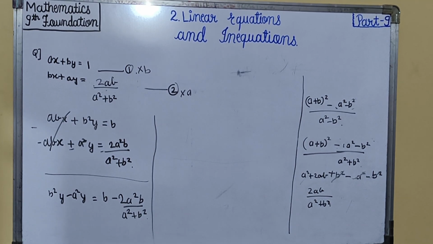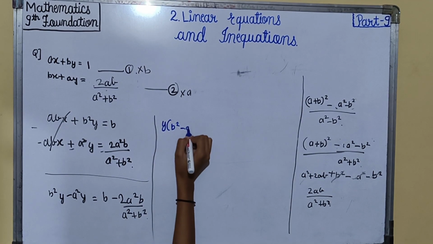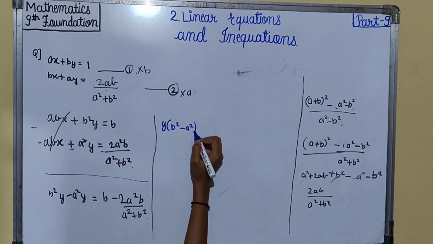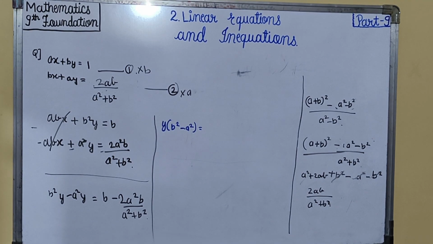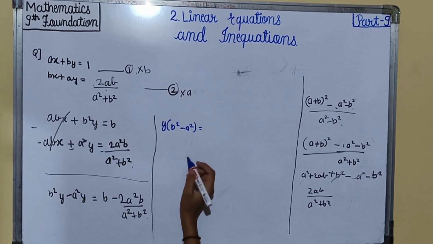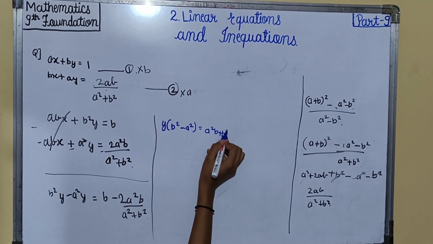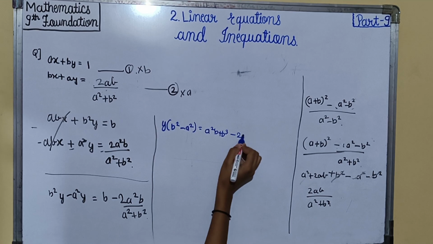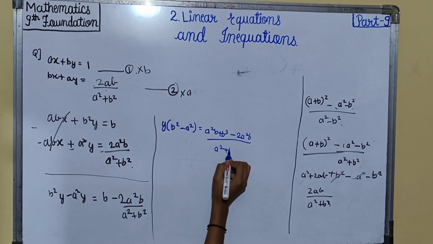From here we take y common. So y in bracket (b square minus a square) is equal to, then we'll take the LCM over here. After LCM we'll get a square b plus b cube minus 2a square b upon a square plus b square.